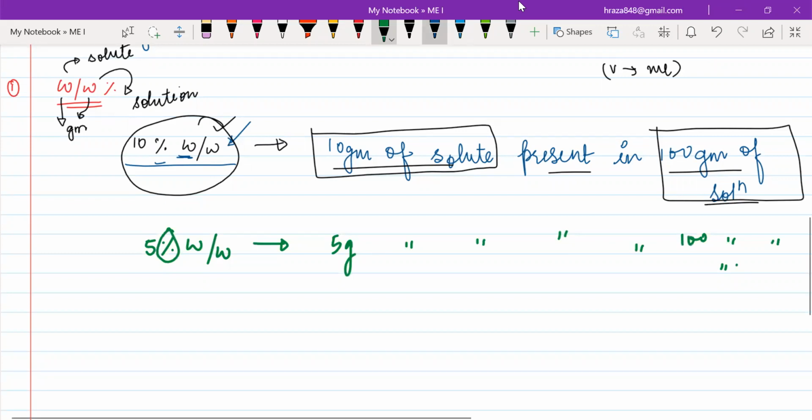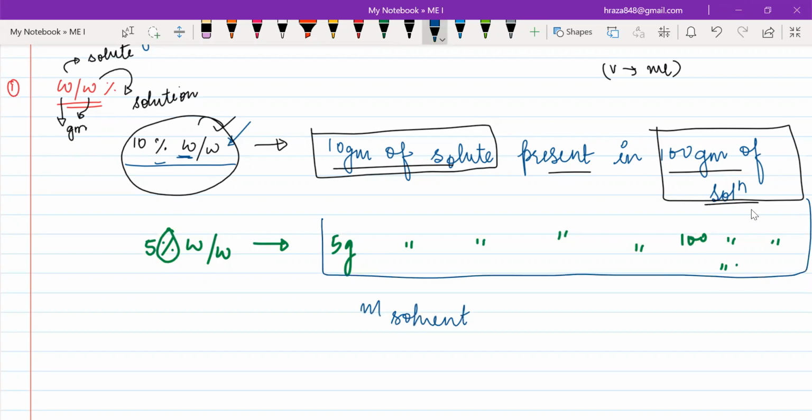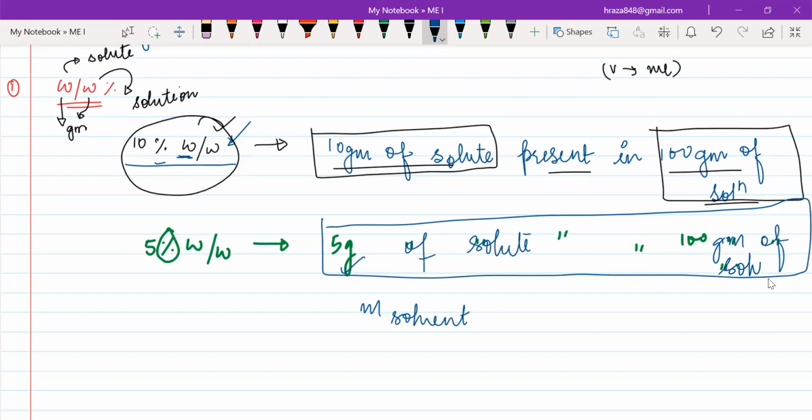Can you tell me what will be the mass of solvent from this information? You know the mass of solute in grams, and this is present in 100 gram of solution. Can you find the mass of solvent? Sir, I don't know.